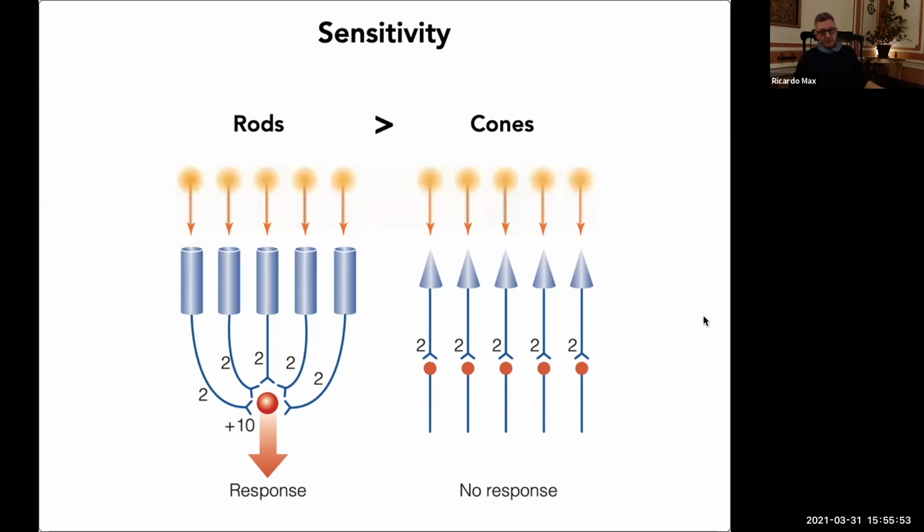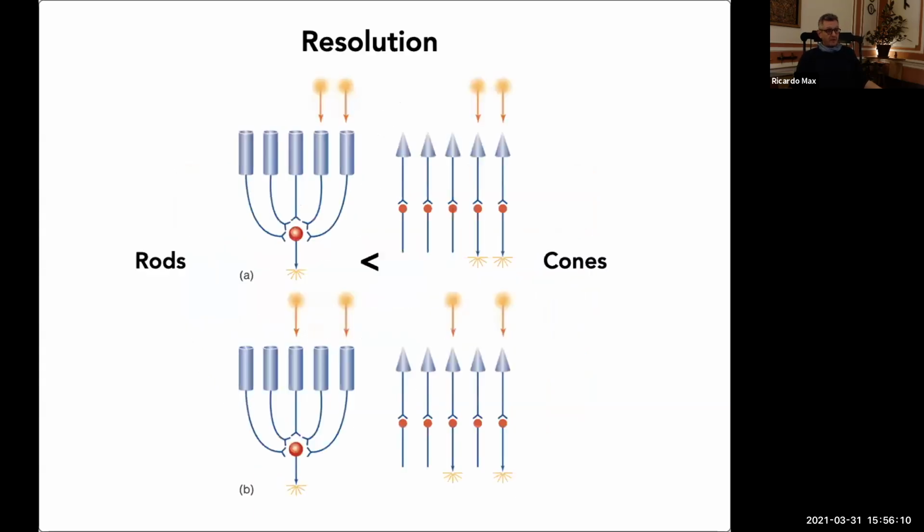And here, if it's 1 by 1, you need 5 times more intensity to activate one ganglion cell in the fovea. On the other hand, because of that same relationship, our cones have much lower resolution than rods, right? This is clear, right?